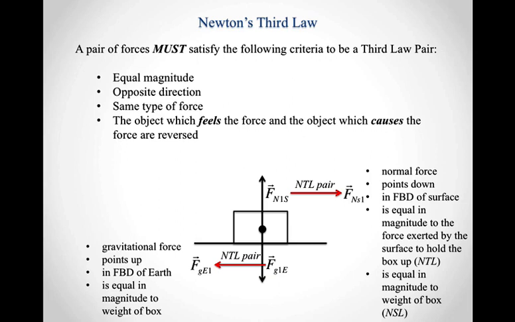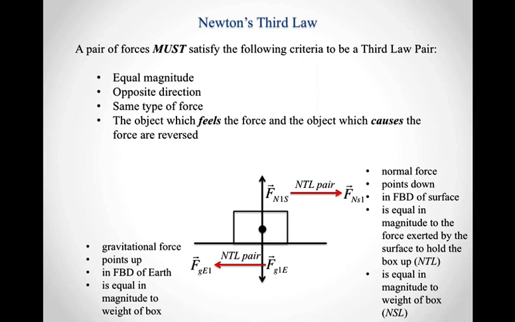And then if I think about Newton's second law here, because I know that the two forces acting on the box cancel out, that means that the normal force, how hard the box pushes down on the surface, happens to also be equal to the weight of the box.